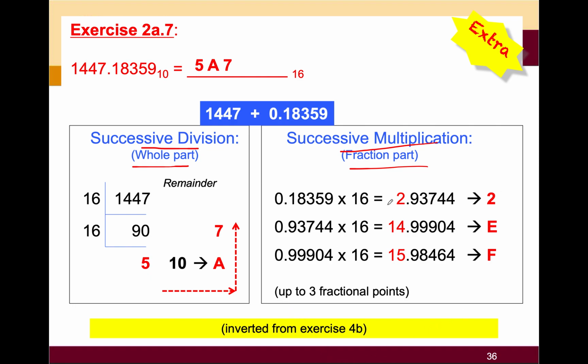You need to know that for your successive multiplication, you have the end point on the fractional point, so up to 3 fractional points for this number, which is in base 16. So you get the answer over here of 2EF, and over here you have 587. That's why your answer will be 587.2E5.